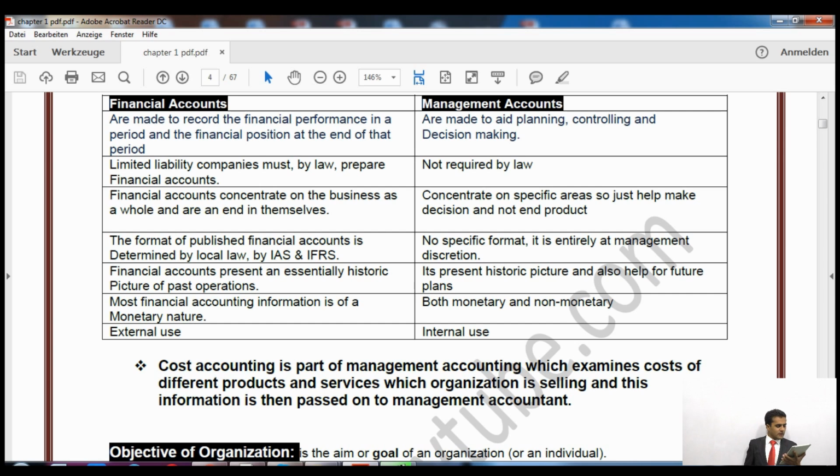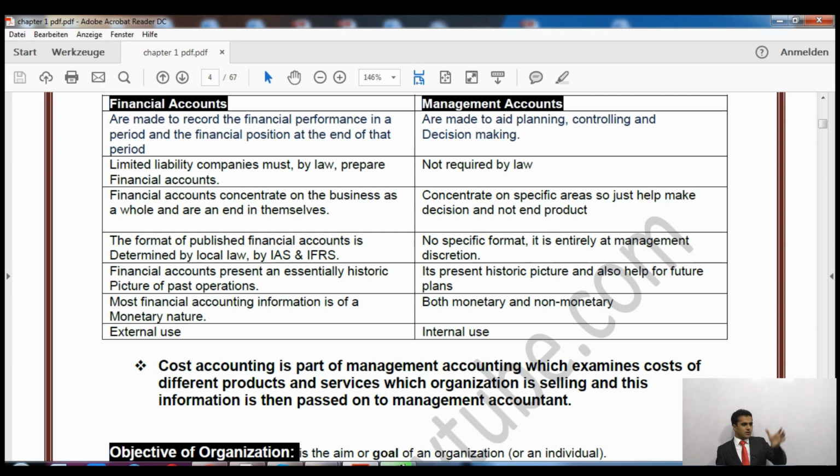After that, it says financial accounts are for external use, whereas management accounts are for internal use, as I said to you earlier. Hang on, I forgot one as well. Earlier than that, most financial accounting information is of a monetary nature, whereas in management accounts it is monetary and non-monetary. Monetary means thinking about the figures.